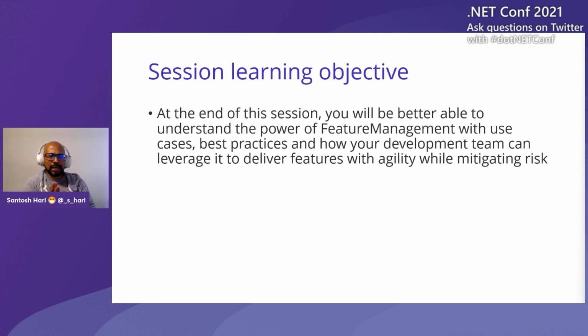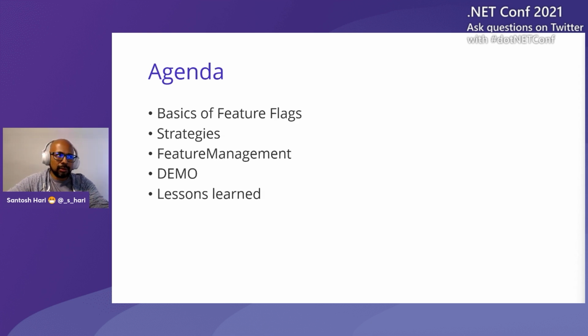A little bit about this topic. I want to kind of use this session to help you better understand the power of feature management APIs. And I will do that by talking about feature flags in general, use cases, some best practices, and some of the code samples.